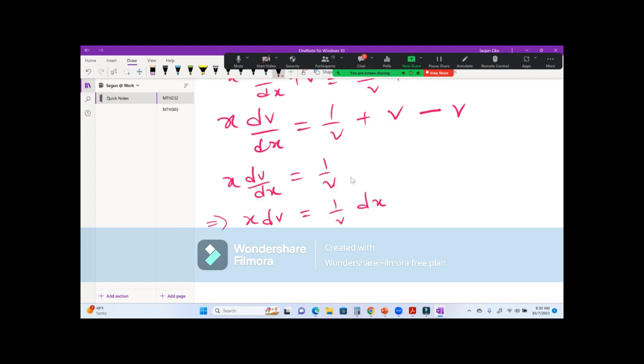And I need to multiply both sides by v. If you multiply through by v, what do I have? I have v x dv equals v in bracket 1 all over v dx.